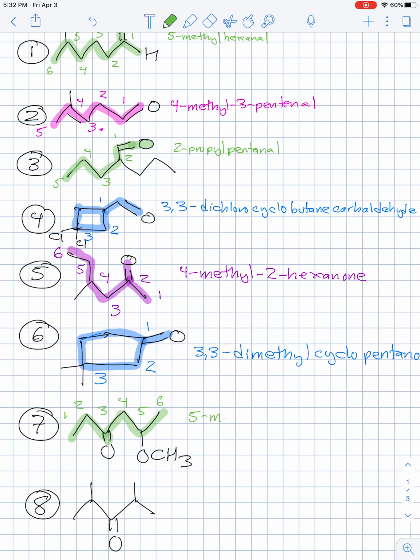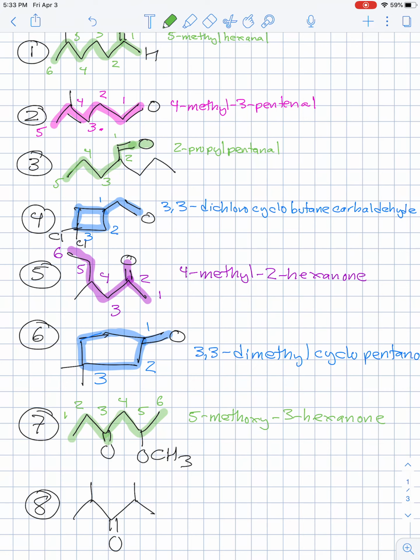And that's a methoxy group. So this name becomes 5-methoxy-3-hexanone.